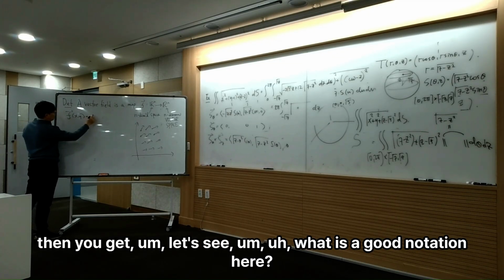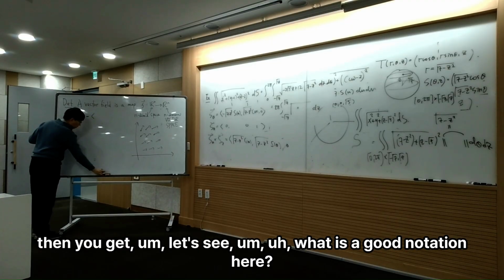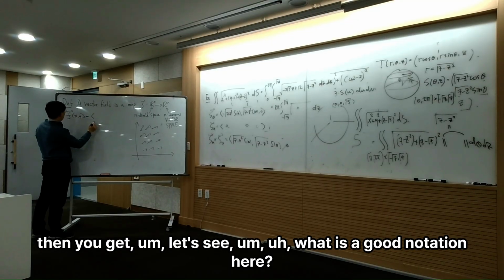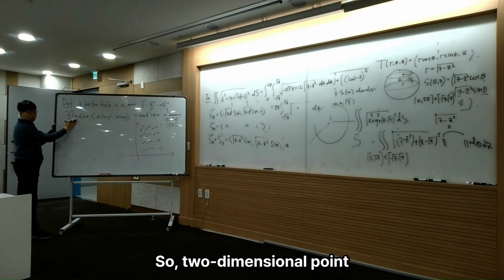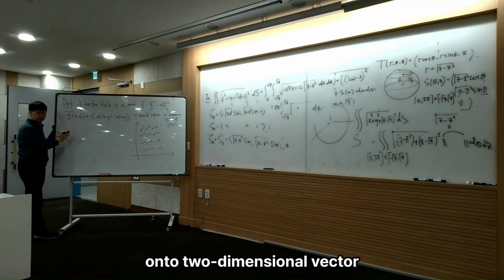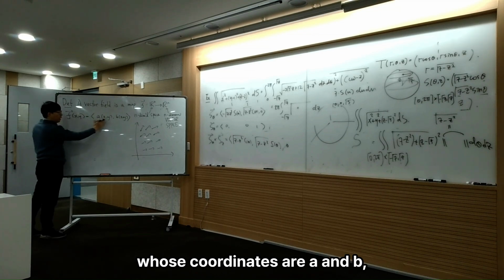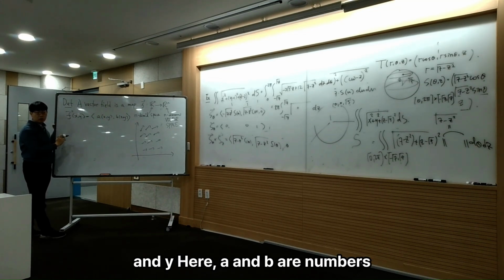Then you get, let's see, what's a good notation here? Let's say A and B. Okay, so two-dimensional point (x, y) is mapped onto two-dimensional vector whose coordinates are a and b, where a and b are functions of x and y.